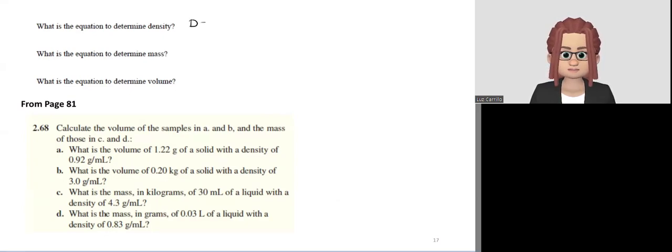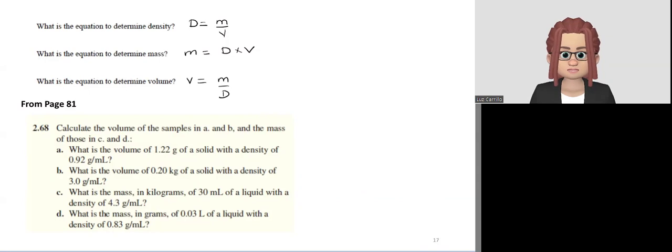Density equals mass divided by volume. Using algebra, I can isolate from this equation the mass term, which determines that mass is going to equal density times volume. Utilizing algebra, I can also separate the volume term of this equation. And I know that volume equals mass over density.